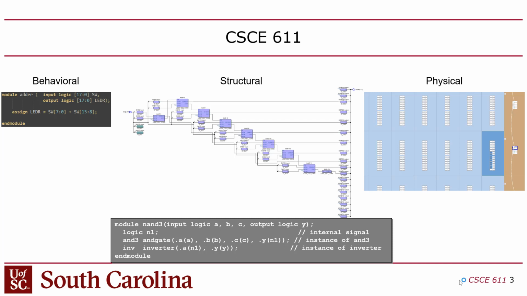And so instead of having to go on a breadboard and plug wires in, it's still being done, but it's being done by CAD tools for you. So you don't have to worry about plugging things in, which is very frustrating and error-prone. Okay, so again, behavioral, structural, and physical are the three representations of the design.